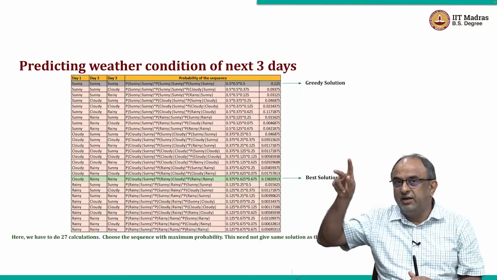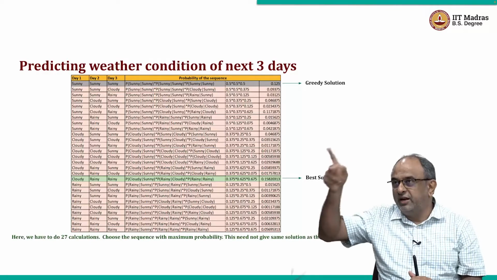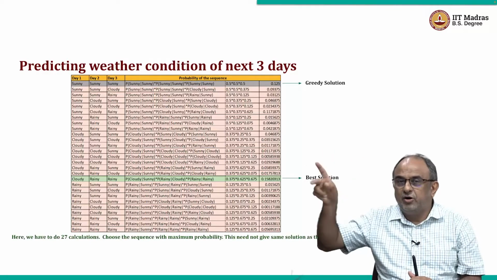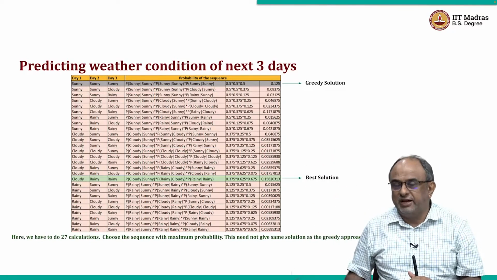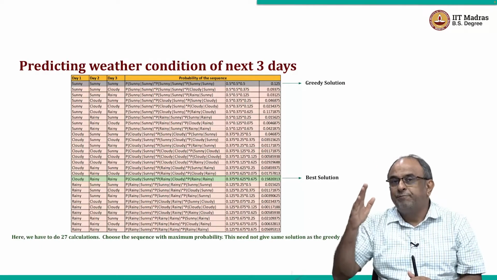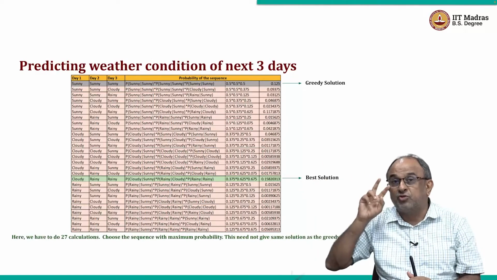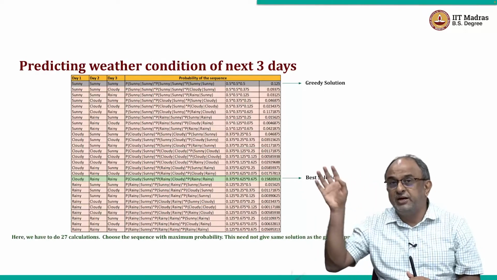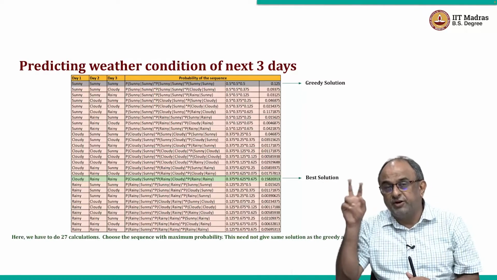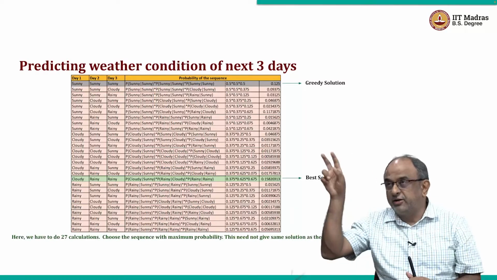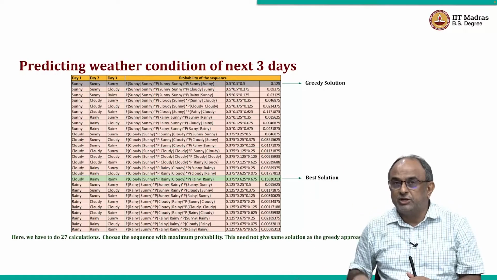It can be sunny, sunny, sunny, rainy, rainy, sunny, all possible ways. First day can be 3, next day another 3, so it is 3 into 3. So 3 squared, 9 different variations of the 2-day forecast can happen.